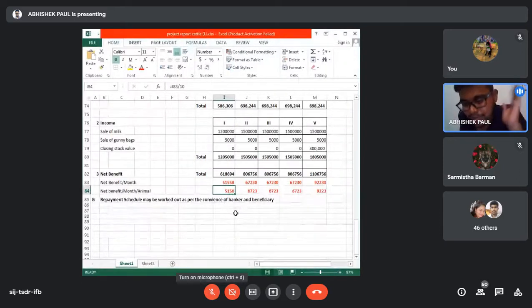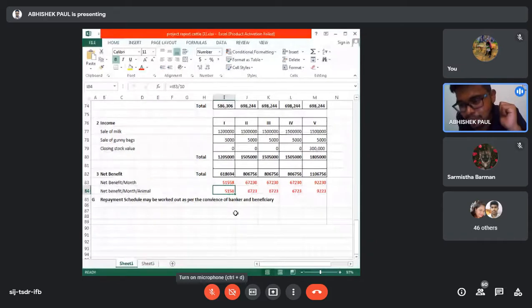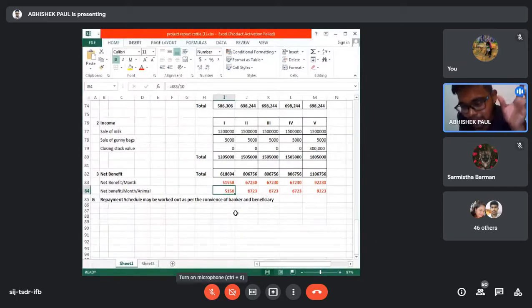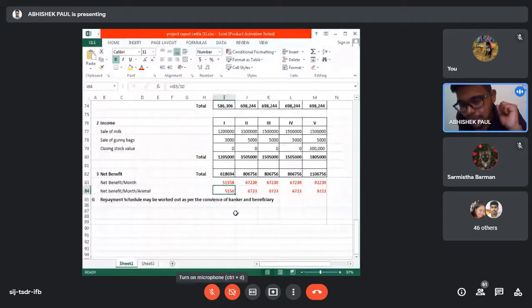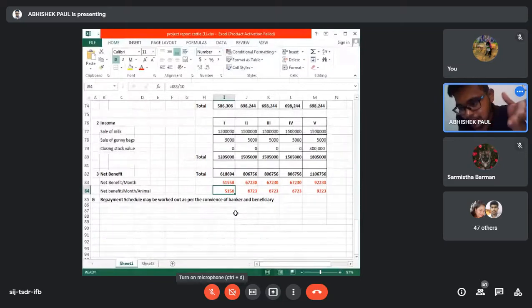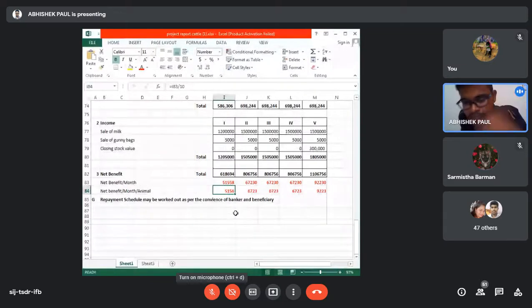At that time you need to make the report based on the availability of feed and fodder, the cost of the fodder, and the labor charges. Depending on the availability, you need to make the project.